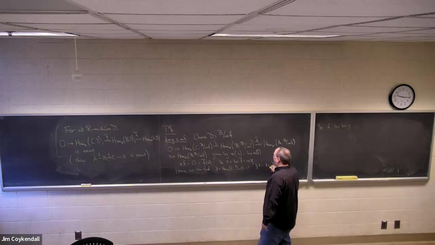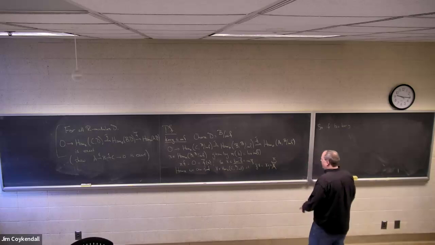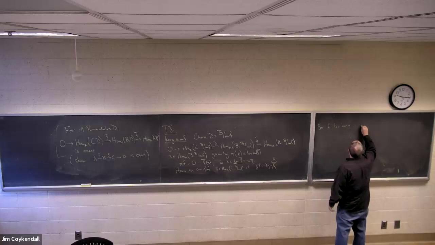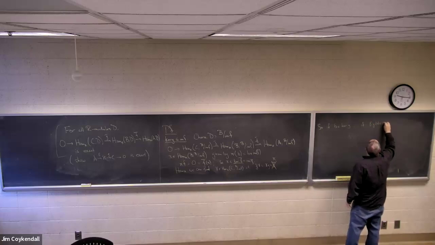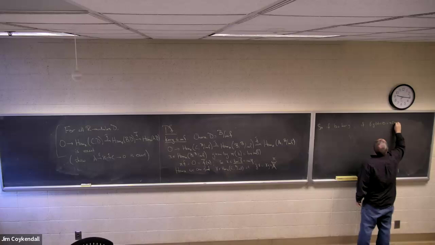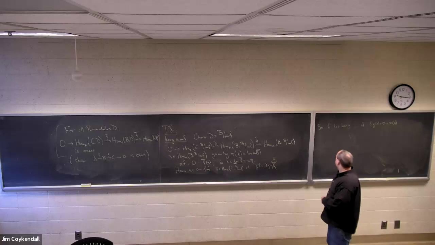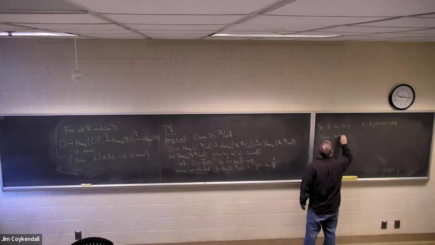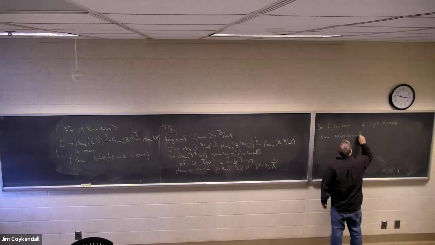Remember what I'm going for. This is pi. I don't know why I wrote that down. So if B is in the kernel of G, then gamma G B is 0, which is pi B equals 0, plus image there.